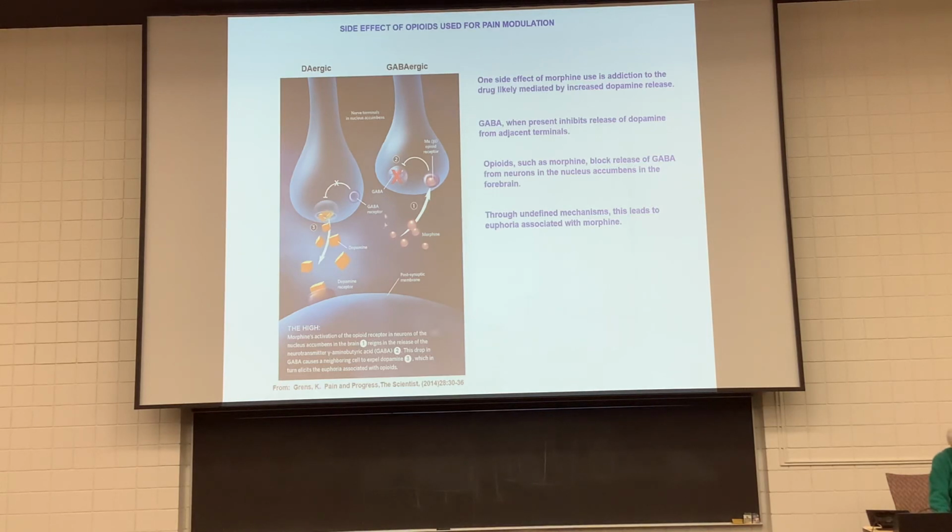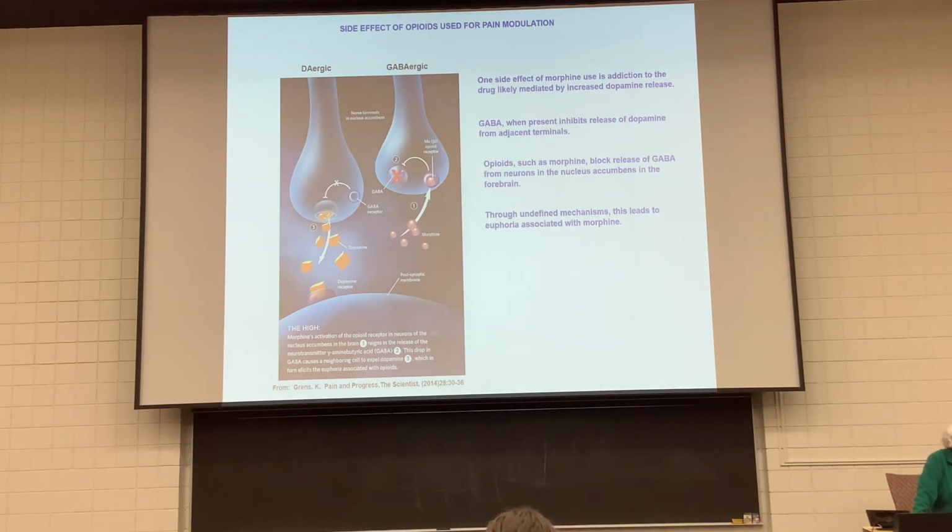Now, these terminals also have GABA receptors, and if GABA is released from this GABAergic neuron, it will hyperpolarize that terminal and prevent release of dopamine.